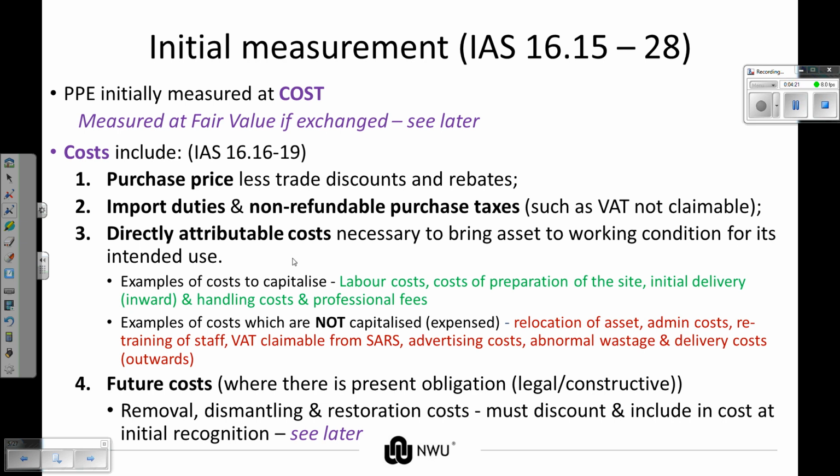So examples of directly attributable costs you can read here. Examples of cost that will not be capitalized you can read in red. Future costs, that will be if we have to remove or dismantle or restore at the end of the useful life, we will have to calculate the present value and add the present value to the cost of the asset.